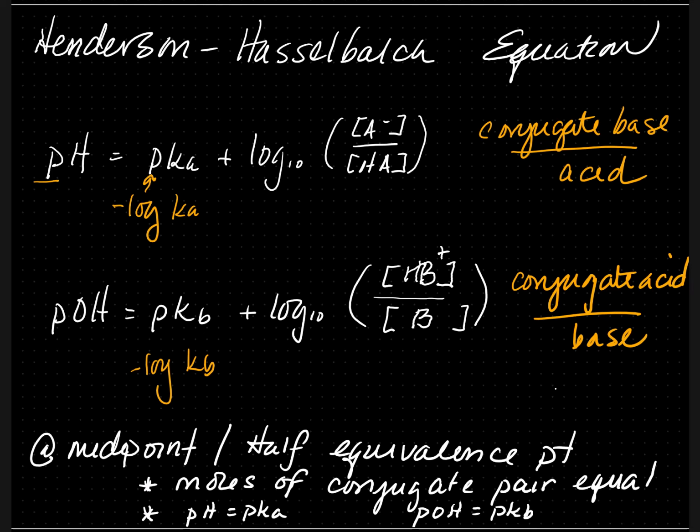You do not have to use the Henderson-Hasselbalch equation. You could also use the equilibrium equation to solve for the value. However, at the midpoint or half equivalence point, which we'll spend more time on in the titration unit, it is a lot faster because pH is only the negative log of Ka and pOH is the negative log of Kb.